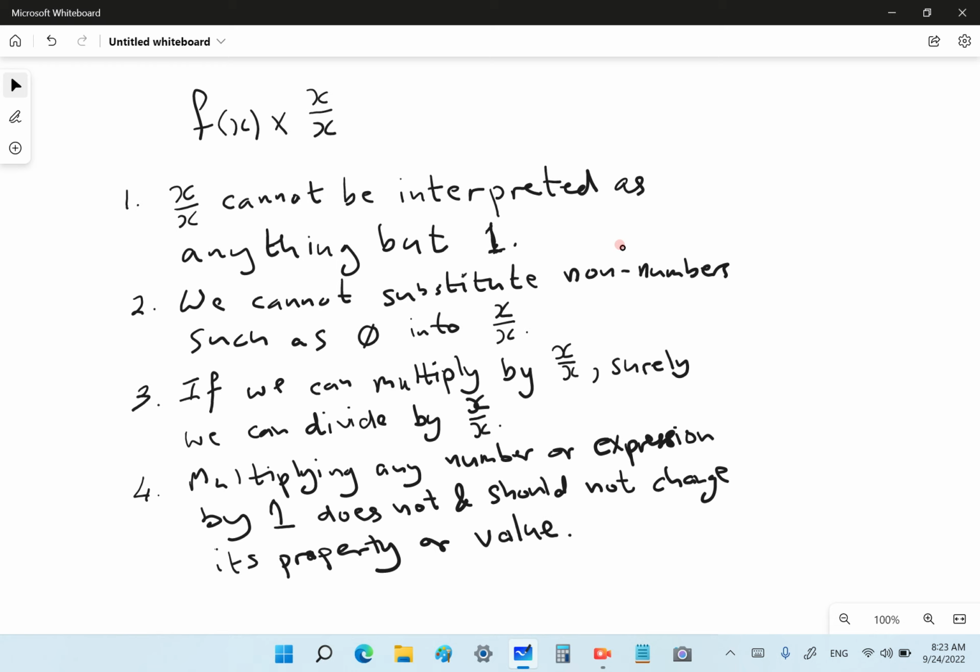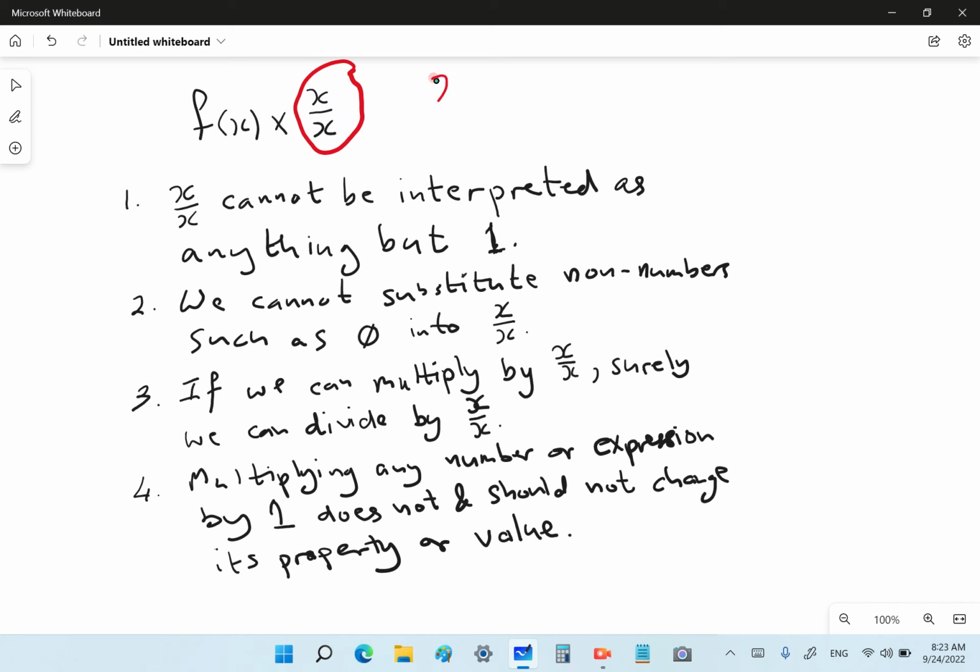The first one is that if you have a function f of x, or any number or expression, and you multiply it by 1, because x over x can't be interpreted as anything else but 1, you cannot substitute values in x which will make it anything but 1.